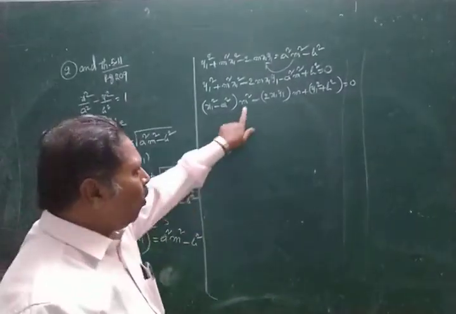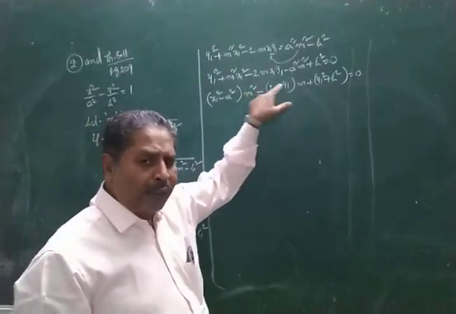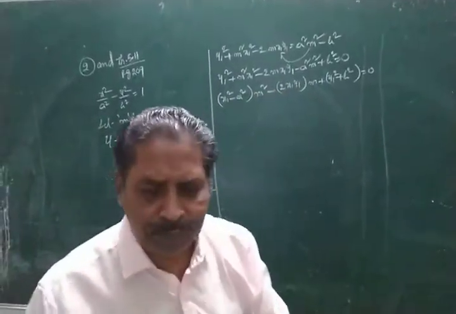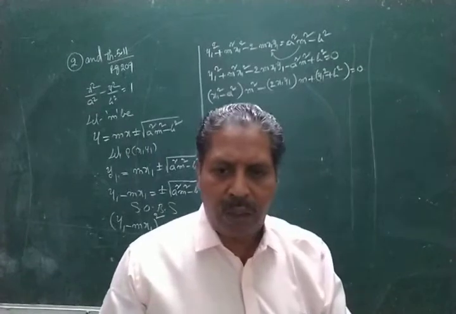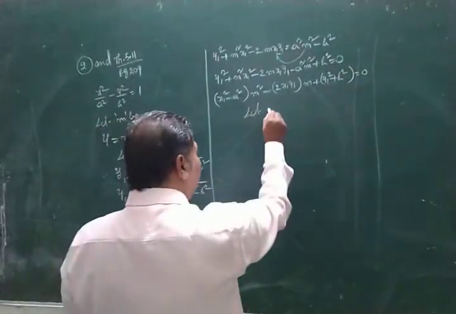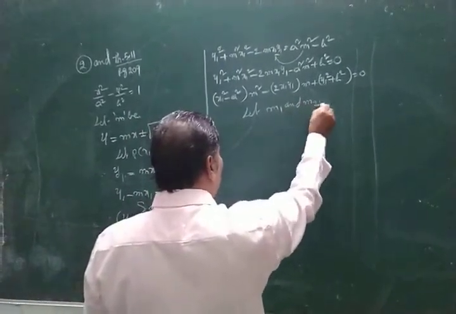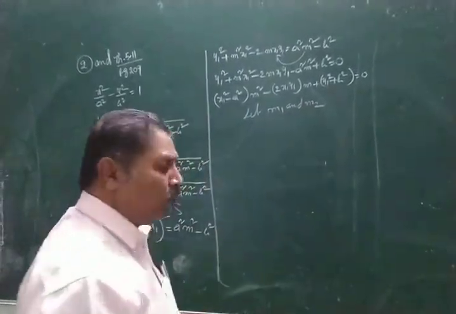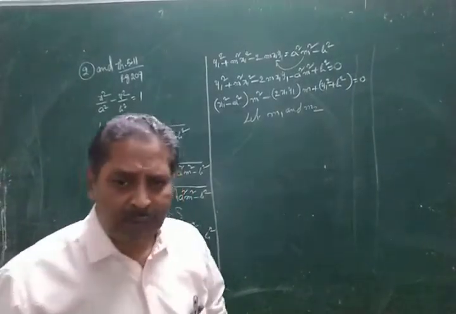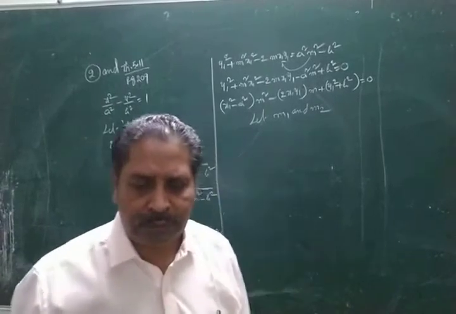So this is the quadratic equation in m. Let m1 and m2 be the roots.